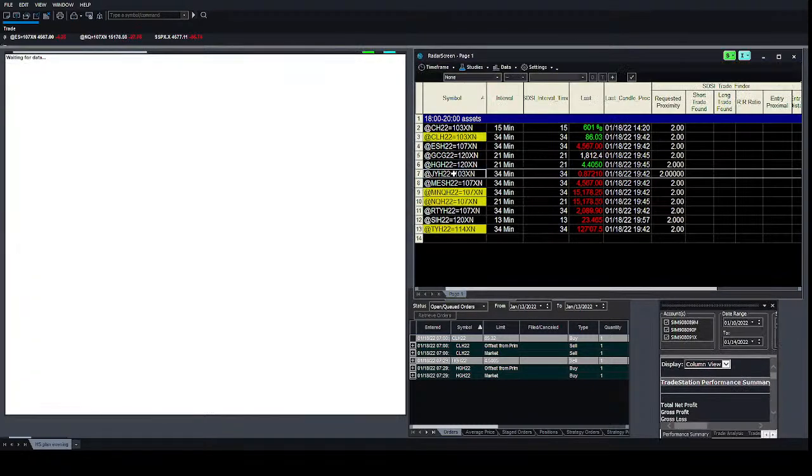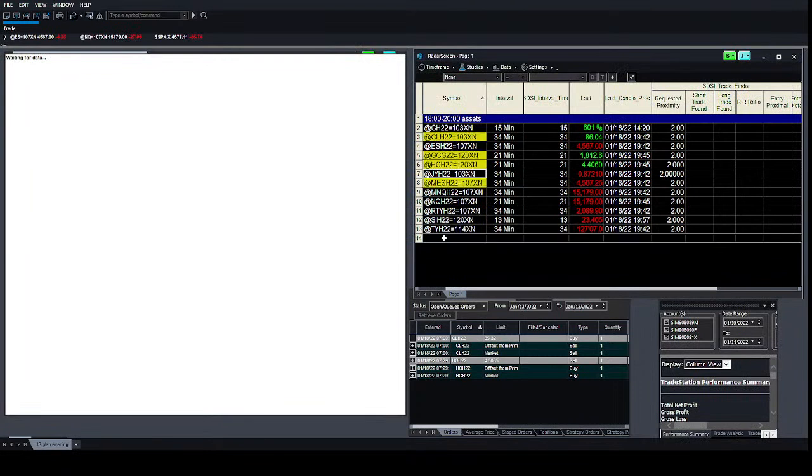At least the euro dollar is, if you want to put it in the radar screen, at EDH 22 equals 107 XM. After this loads, I'll add it. Cool.